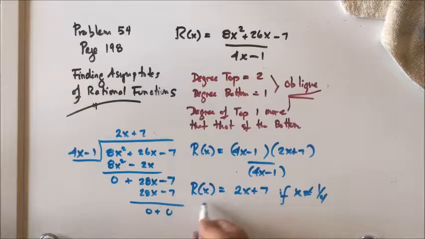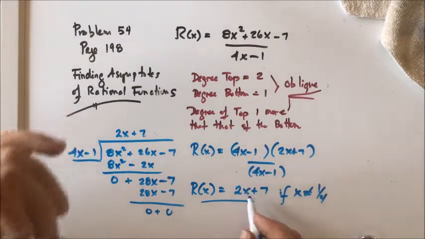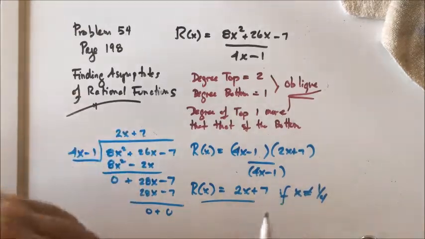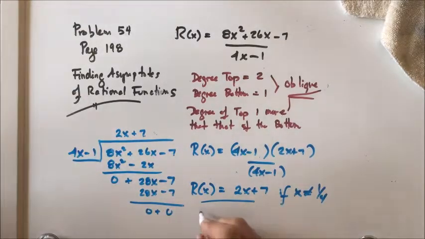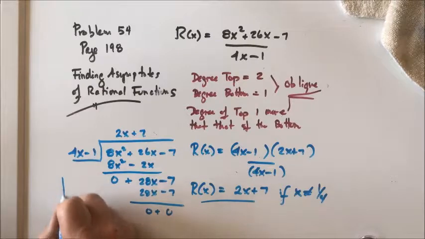then r of x not only has an oblique asymptote of 2x plus 7, but its graph is 2x plus 7. If I plot this very quickly, I'm going to tuck it over here in this corner.